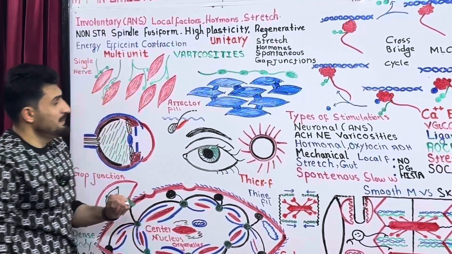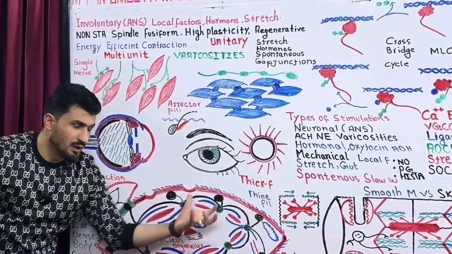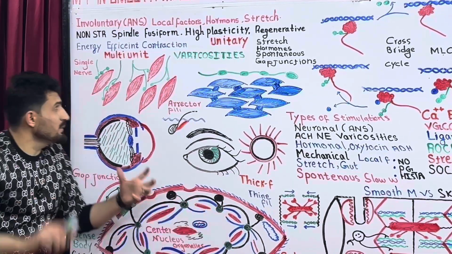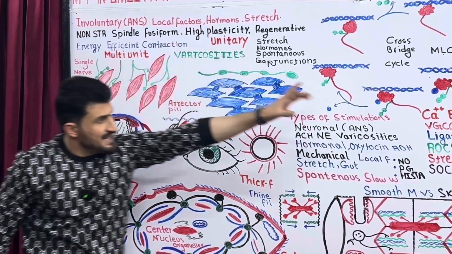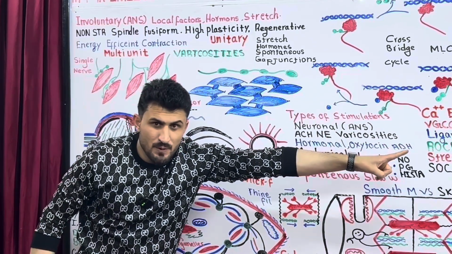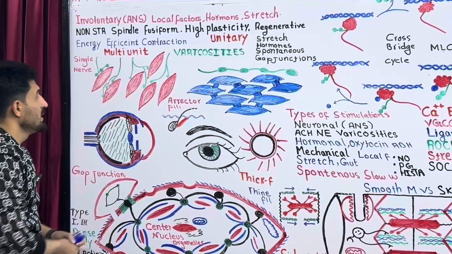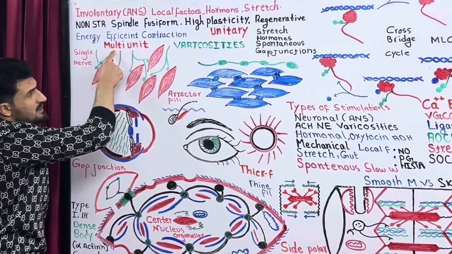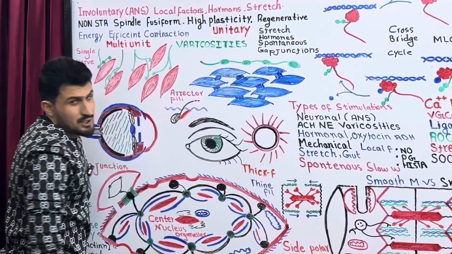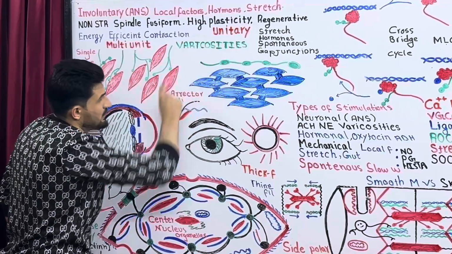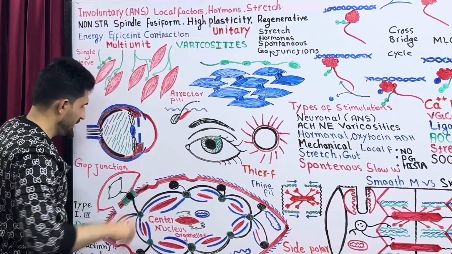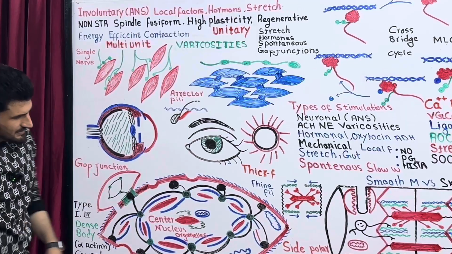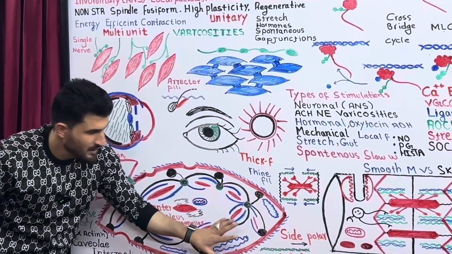Now, let me explain the basic structure of a smooth muscle. Then we will talk about the basic mechanism of contraction of smooth muscle, and then I'll talk about two important types of smooth muscle, which are multi-unit smooth muscle and unitary smooth muscle. Don't worry. First of all, this is a cell of smooth muscle.